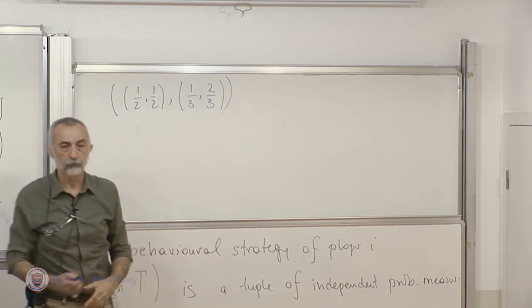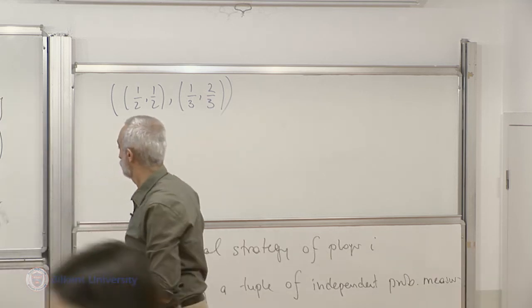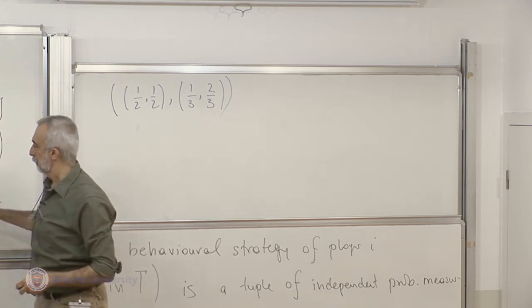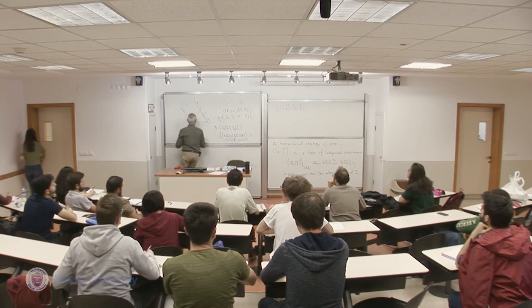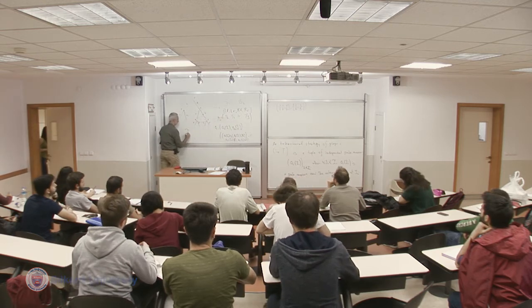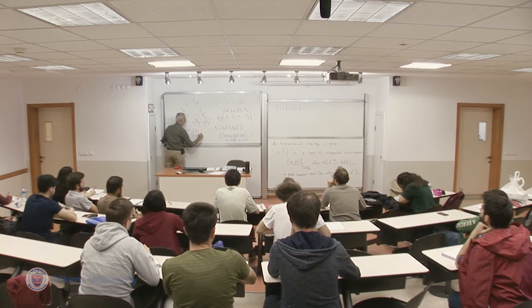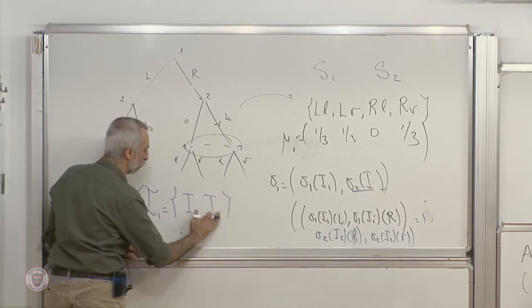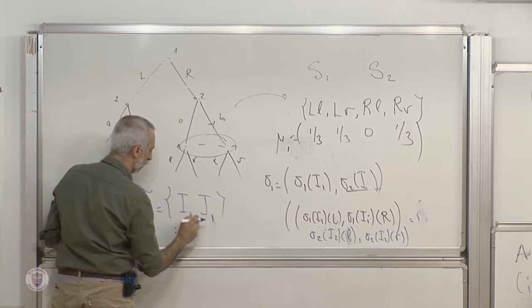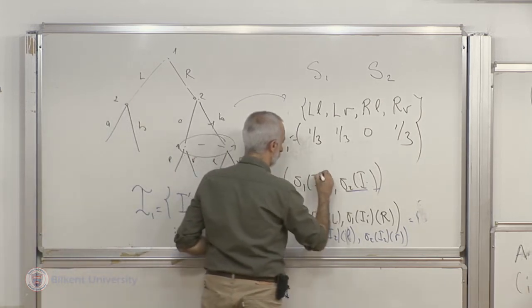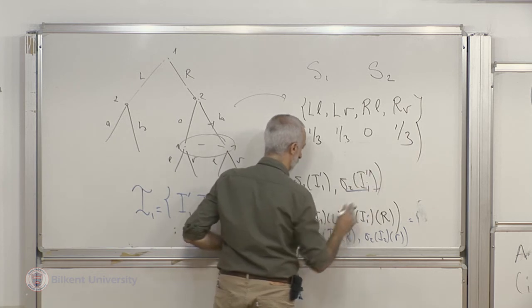Yep? Sigma 1? I'm sorry. I didn't write that down, but I used bad notation. This is what I was thinking, but let's use this. I1 prime, I1 double prime. So let me fix this. I'm sorry about that.